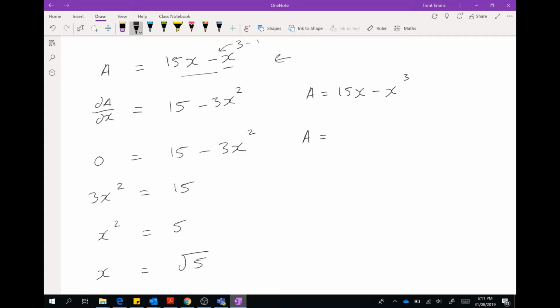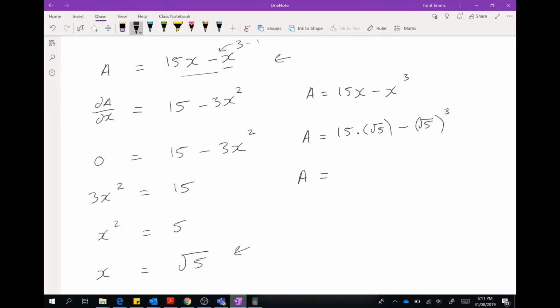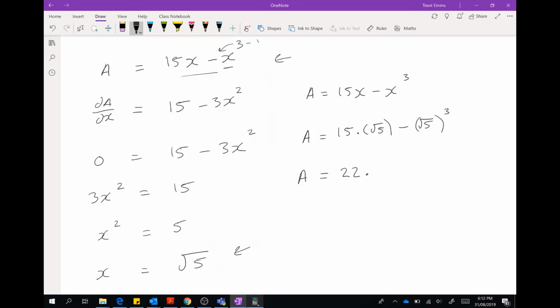So we're just going to plug in our value that we found of root 5, so 15 multiplied by root 5 minus root 5 cubed, and that will give us an answer of, if we get our graphics calculator up, 15 times square root of 5 minus the square root of 5 to the power of 3. And we've got an area of 22.36.